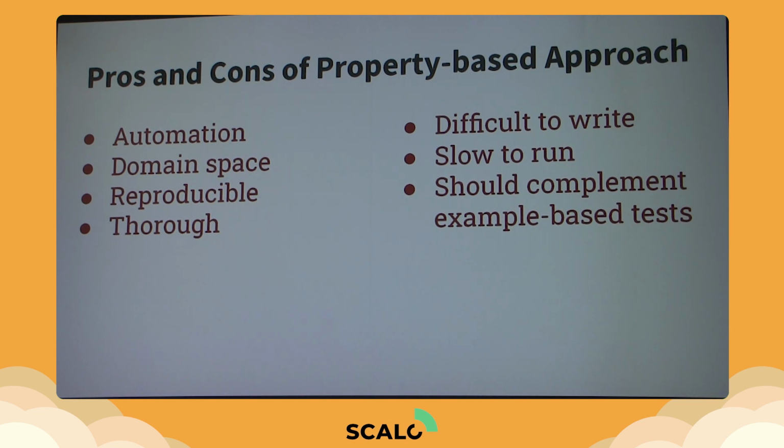So like the parameterized approach, the property-based approach has some downsides as well. The main advantage is automation. We're actually automating the testing process, and we want to do that because it helps us think more creatively, and it helps us think about the behavior of our software more thoroughly.